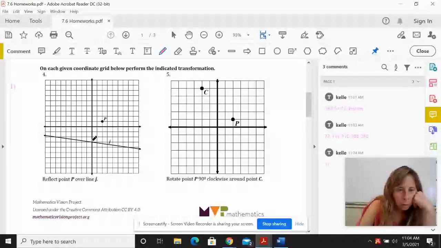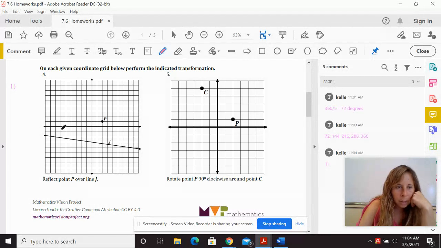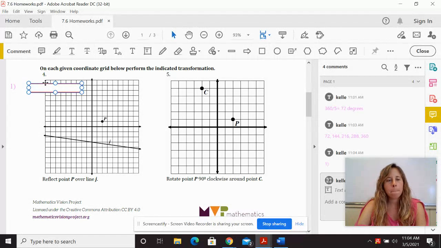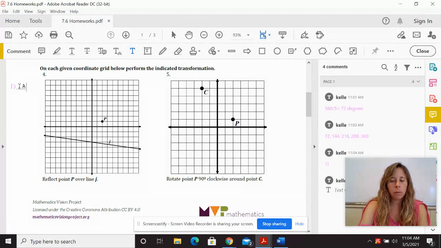It looks like I'm going down 1, and then, goodness, that's a lot. Down 1, 2, 3, 4, 5, 7. Looks like I'm going down 1 over 7. Negative 1 over 7.